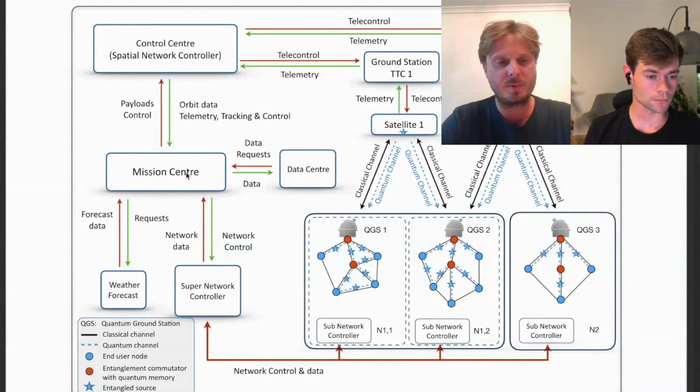Yes, because at some point you have to think about this is a business and there are stakeholders. For instance, N11, if you see at the ground, the sub-network controller N11, it could be Orange in France, and N12 could be Dutch Telecom.